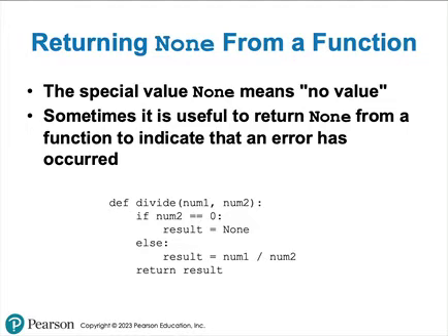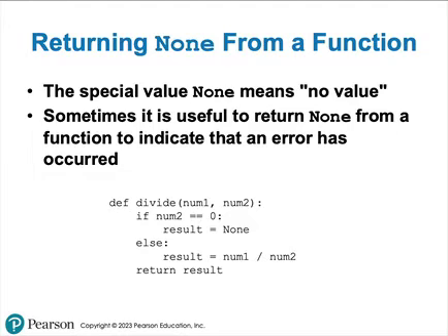So what they're trying to do is catch an attempt to divide by 0 and set that to the None value. Now, most other programming languages call this null. So if you've talked about null values in other languages, the None value in Python is the same concept.